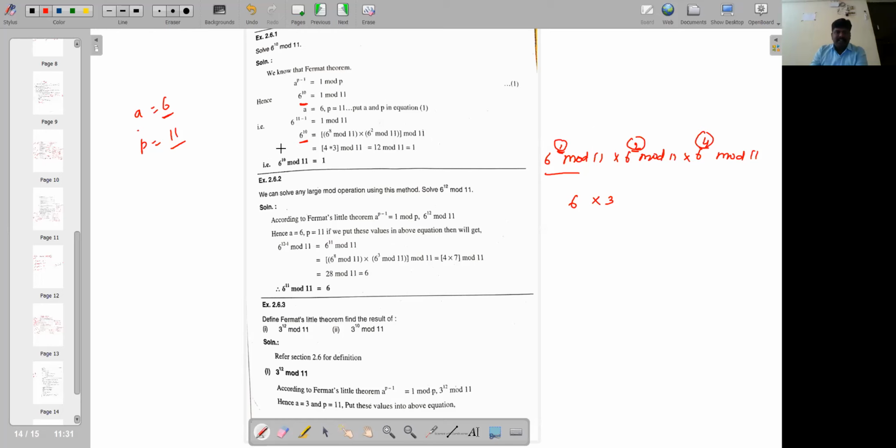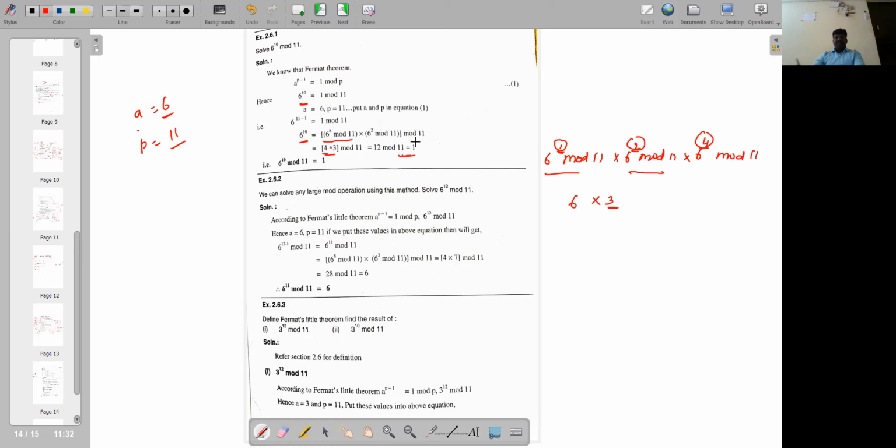So 6 power 8 mod 11, I'll get 4, multiplied by 6 power 2, which I have calculated here. 6 power 2 is 36, 36 mod 11, I'll get 3. If we multiply these two values, 4 3s are 12. So 12 mod 11, I'll get 1.